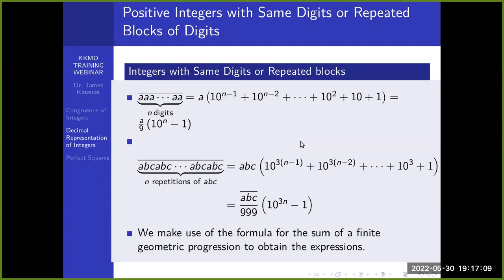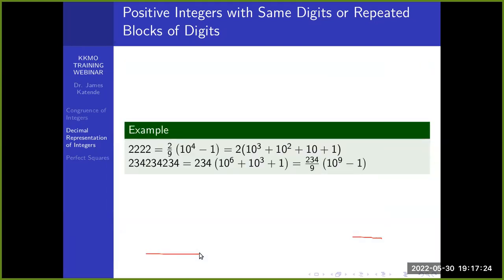So this last bullet here is just describing what I was talking about. We are making use of the sum of a geometric progression, the first n terms. So this just illustrates the same thing we were doing. If you have 2,222, then you can write it out like this.